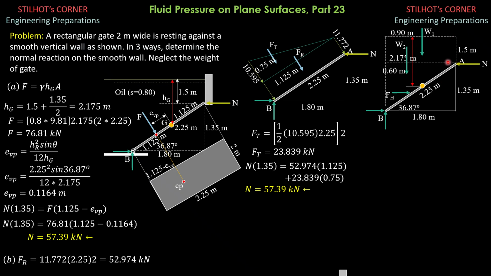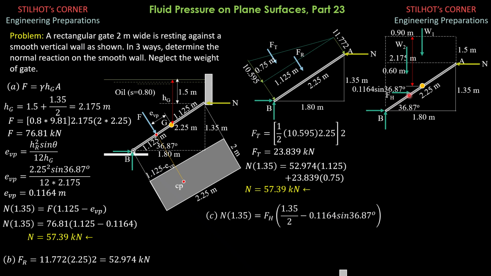For this triangular wedge, the moment arm of W2 from B is one third of 1.8, so 0.6. So our working equation for part C, as I said, this is 0.1164 sine of 36.87. So N times 1.35 equals FH times 1.35 over 2 minus 0.1164 sine of 36.87 degrees.